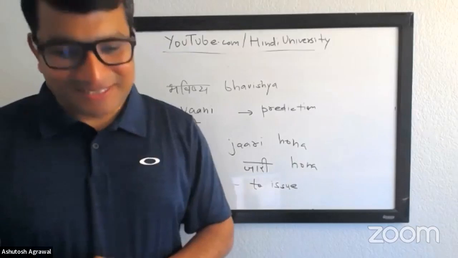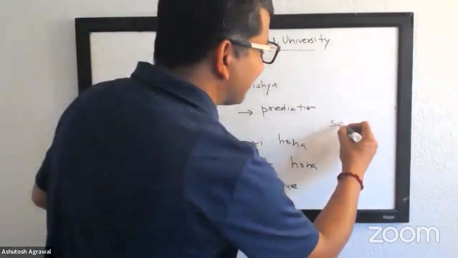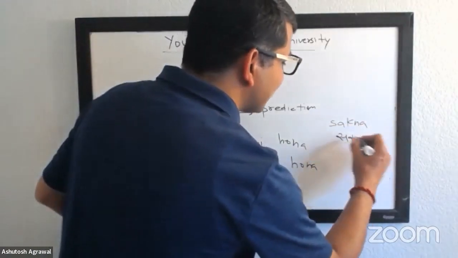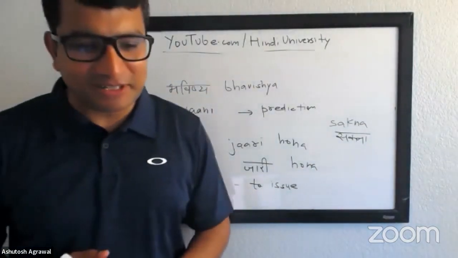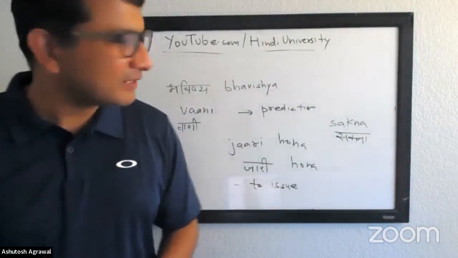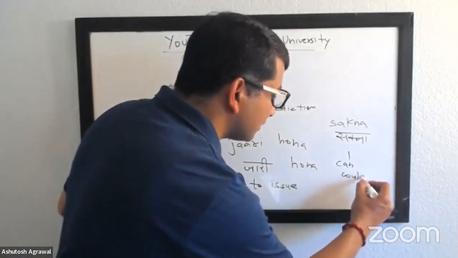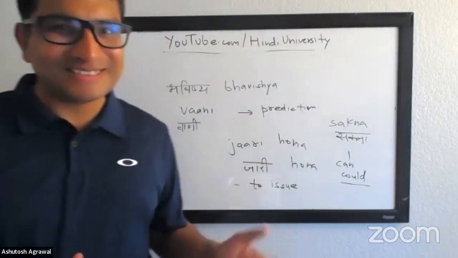Saka. The sakna is the modal where they say they could not, or they have not. Oh, they couldn't. Yeah, so that's why they couldn't even issue the ID card. Sakna is used for both can and could. Okay, so that's what they're saying. Make sense?